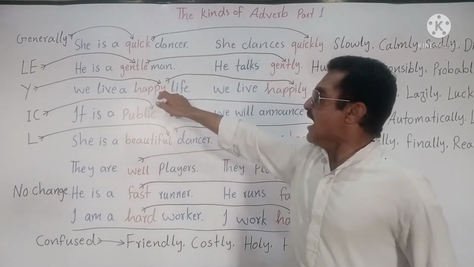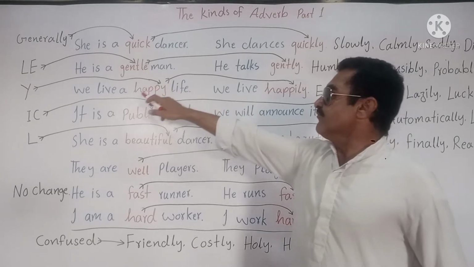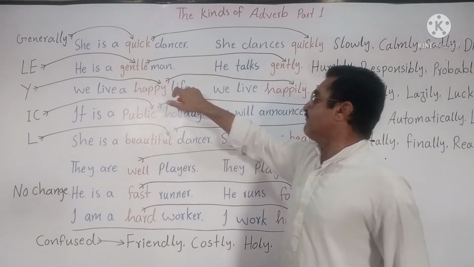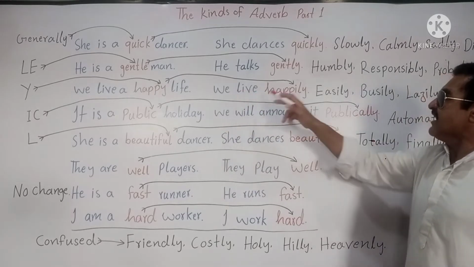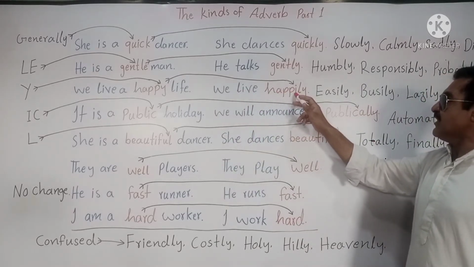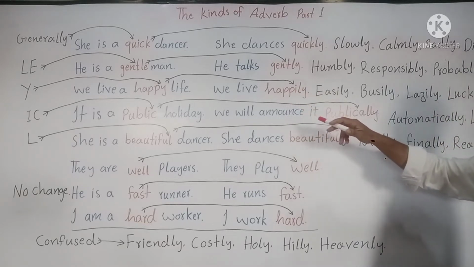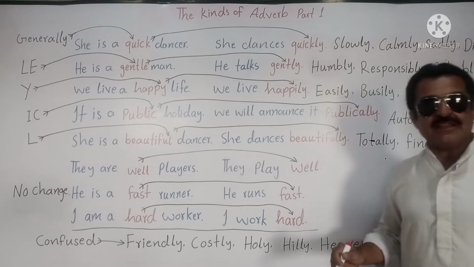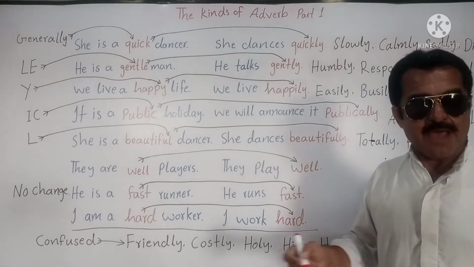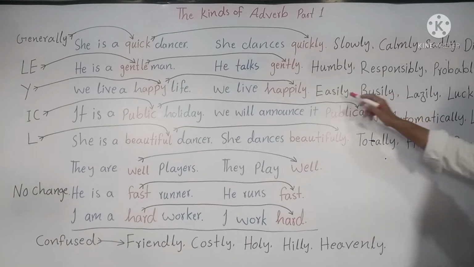We live a happy life. You can see adjectives ending with y. We live happily. You can see here, we have put an i in place of y, then l, then y. Here are a few example words for you to understand.